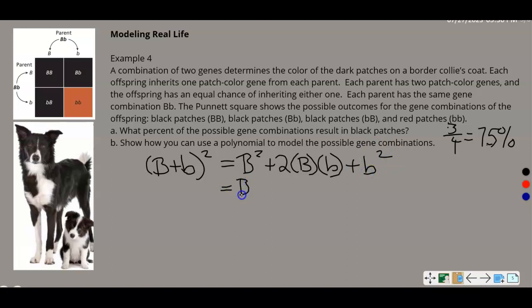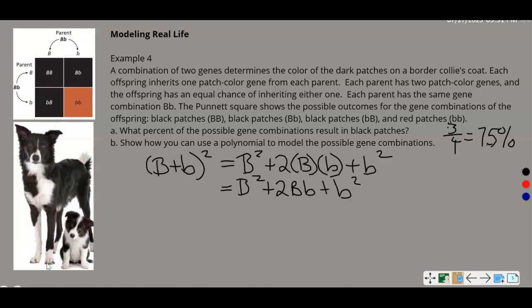So that's going to equal capital B squared plus 2 capital B lowercase b plus lowercase b squared. So that's exactly what we've been doing in all the other examples.